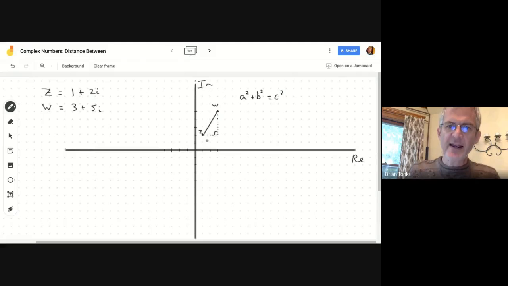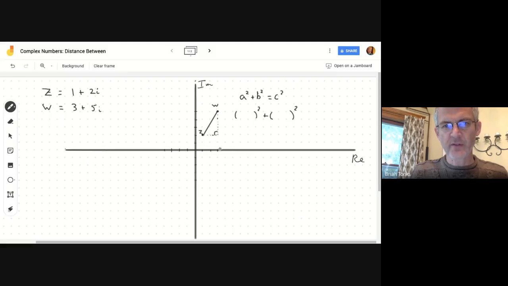And so we can find a and b. So we'll make some parentheses here for what's going to be a and what's going to be b by subtraction. And this is the part that I think Sal went over too quickly. So this length right here, which we'll use for our horizontal, will be the real component of w minus the real component of z.